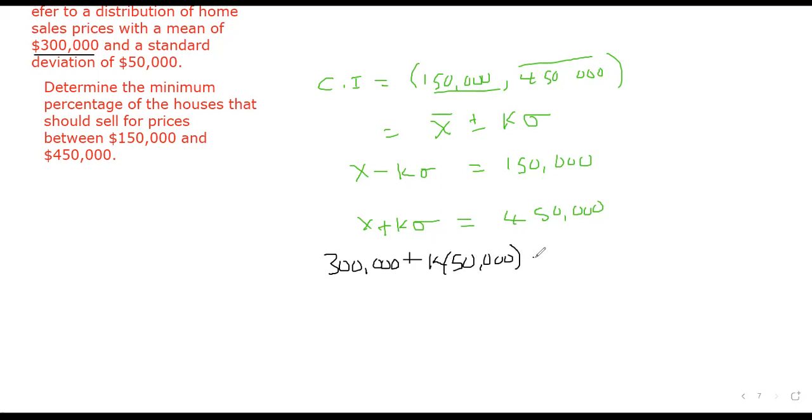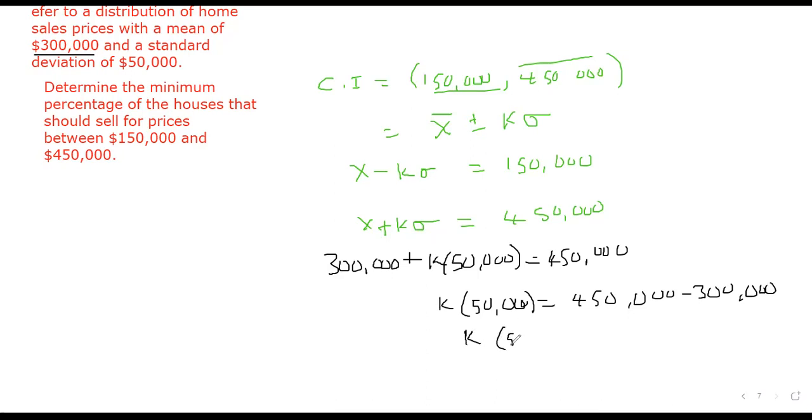That's what we want to find: K. Then here we have 450,000 because we're using the plus. When the 300,000 goes to the other side, it will subtract. So 450,000 minus 300,000, what do we get? 150,000, correct.